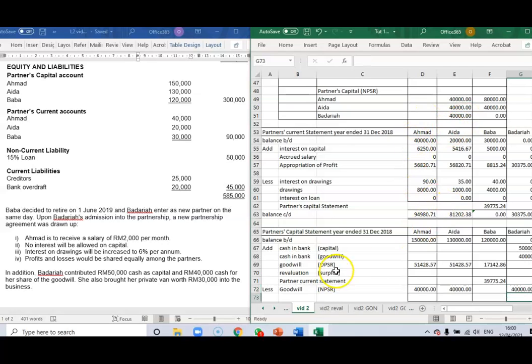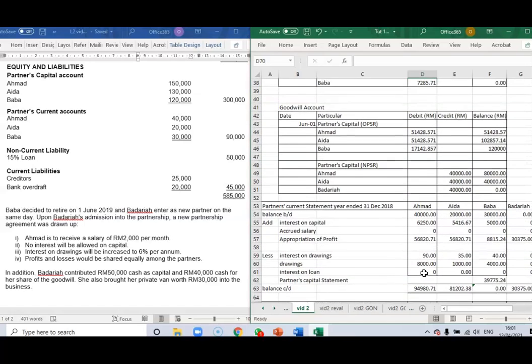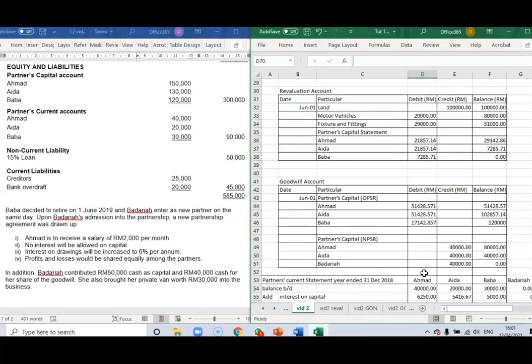Okay, now the revaluation surplus. Okay, remember the surplus that we redistribute to the old partners, not the new partner. So the distributions: Ahmad, Ida, Baba.